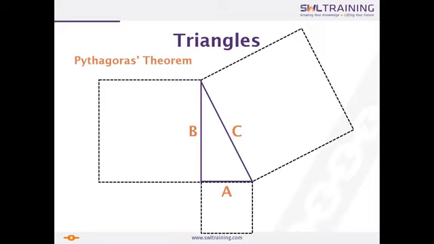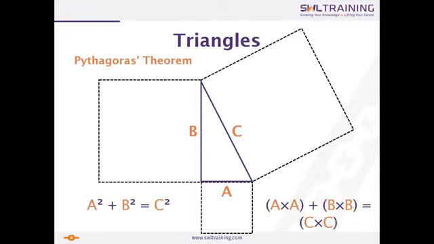So the area created by A and B would fit equally into the area created by C. Hence, A squared plus B squared equals C squared. Or more simply, A times A plus B times B equals C times C. So let's take a look at an example of that.